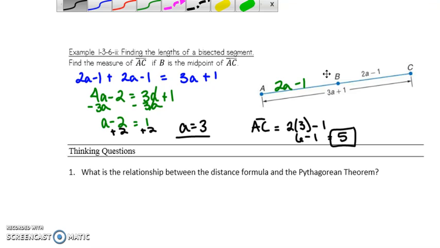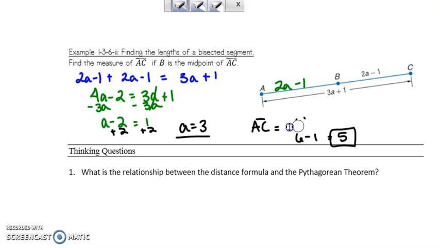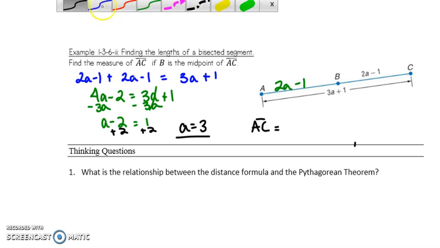So for AC, AC is the entire length, so I need to change this to be, let's fix this now, 3a plus 1. So it's a 3 and then a plus 1 for AC, the entire length. So 3 times 3, 9, 9 plus 1, 10 is the entire length of AC.